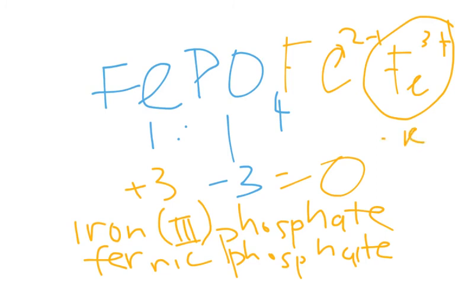And notice how I didn't change this ending into an "ide" form, because we only do that when we have one element, like N, or O, or F, or anything. So let's do one more example.